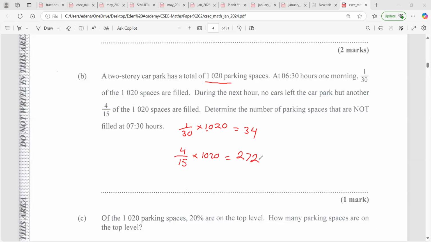Determine the number of parking spaces that are not filled at 7:30. So we already know how many are filled. We just need to add 272 plus 34. That gives us 306.